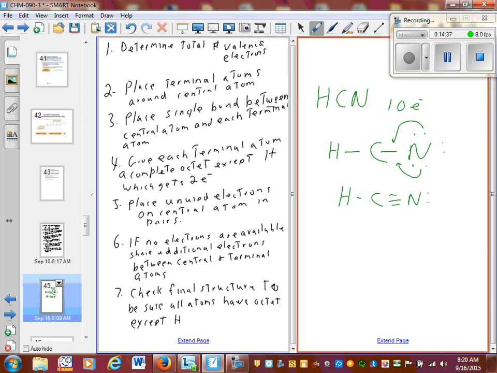How do you determine which one is the central atom? It's usually the least electronegative. And if you look at a periodic table, as you go across a row or a period, the electronegativity increases. If you look at a column, as you go from bottom to top, electronegativity increases.